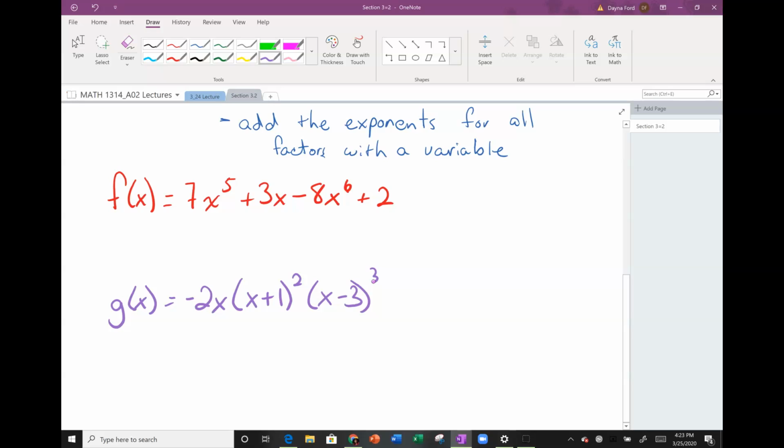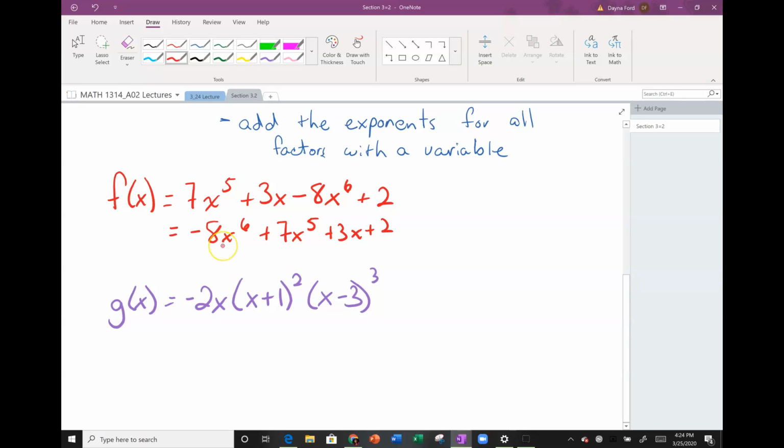Whenever I look at the first one with the f of x, one of the things to note is this is not written in standard form. Make sure that you rewrite it where the largest exponent is written first. So if I rewrite this, it's going to be negative 8x to the 6th plus 7x to the 5th plus 3x plus 2.